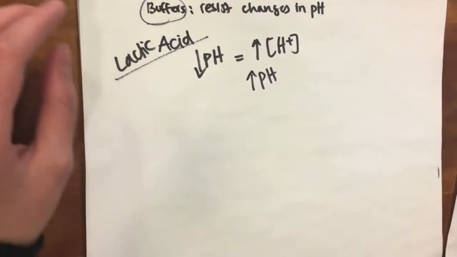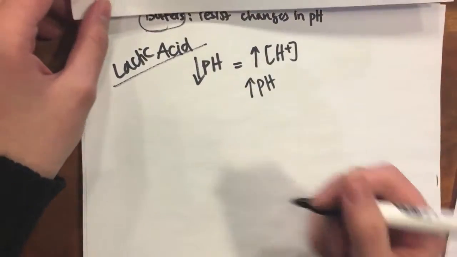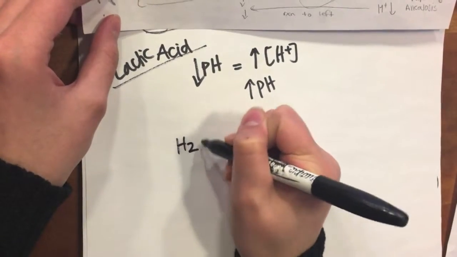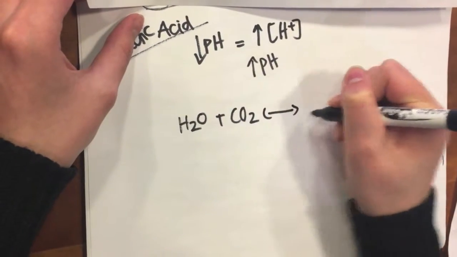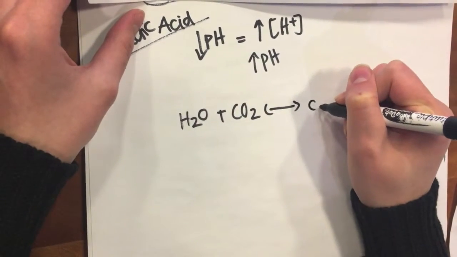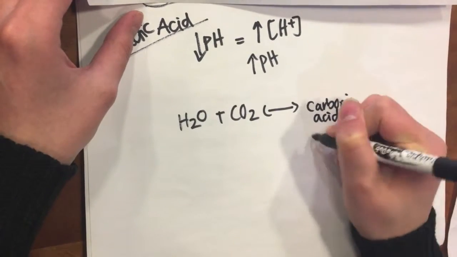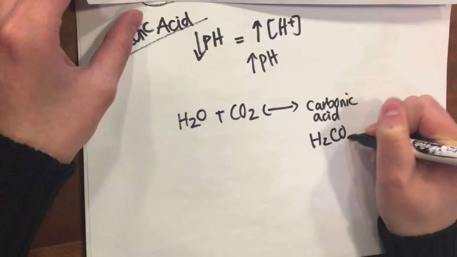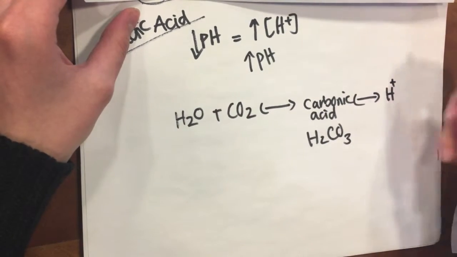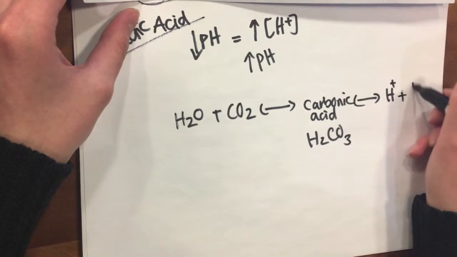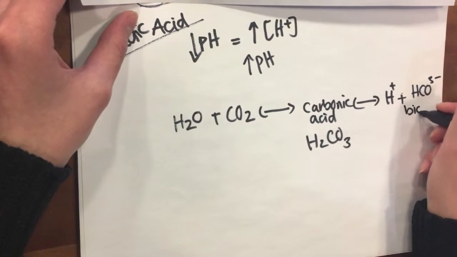There is a very important formula that shows that water plus carbon dioxide results in carbonic acid, which is written as H2CO3, and then as a result you get hydrogen ions that dissociate, and bicarbonate.